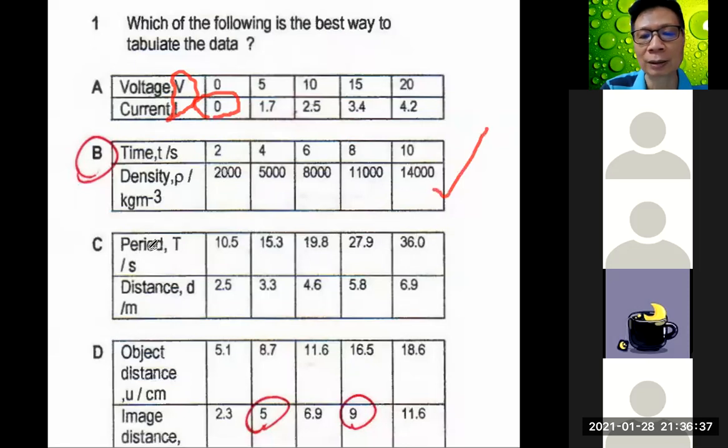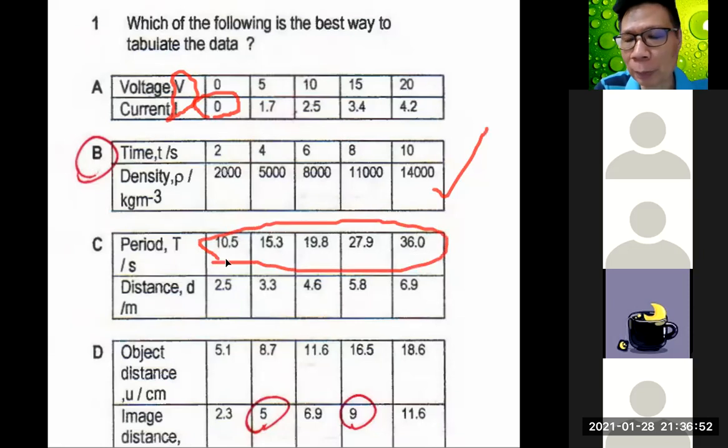This one got symbol and unit here. Okay. But then what is the mistake here? The manipulated variable is very weird. Nobody gives this kind of manipulated variable, 10.5, 15.3 like that.